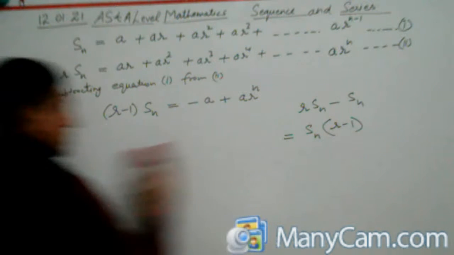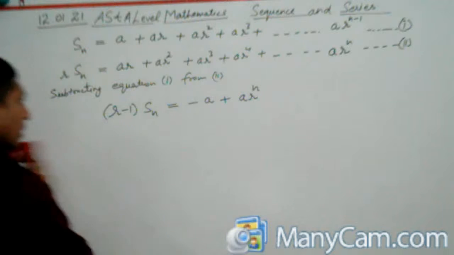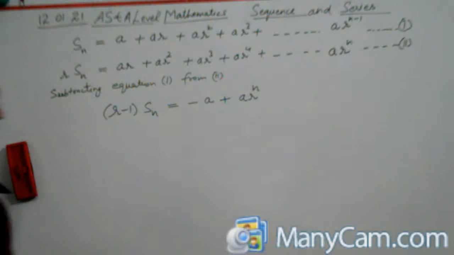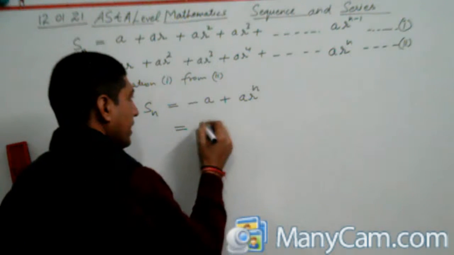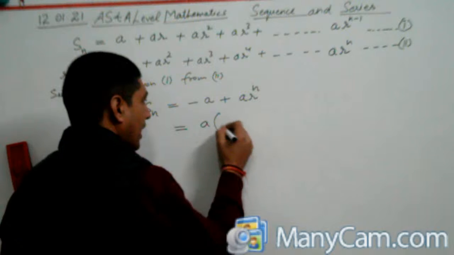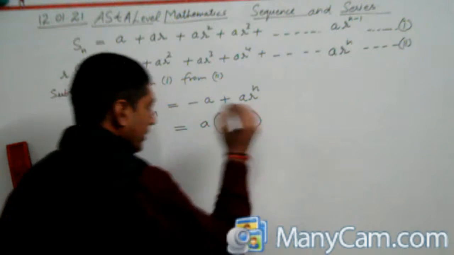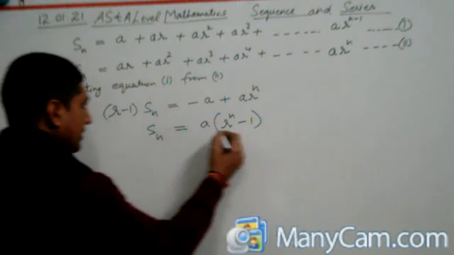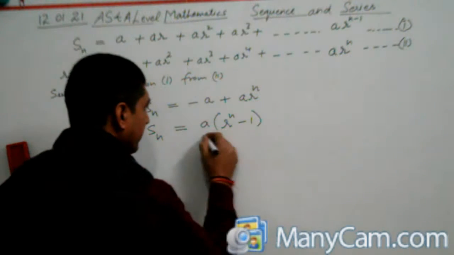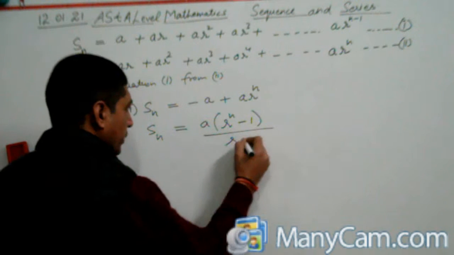So here what is the sum of the n terms? We can write that it is a into r raised to power n minus 1, divided by r minus 1.